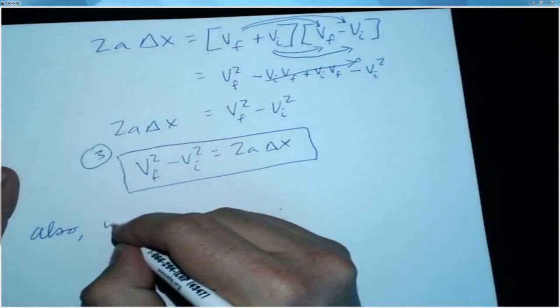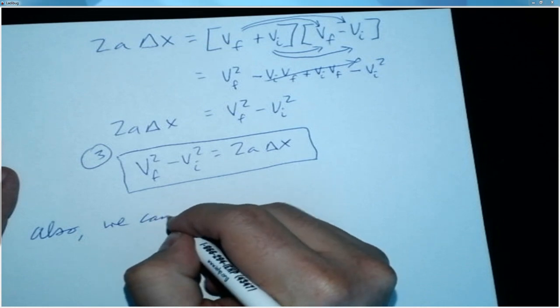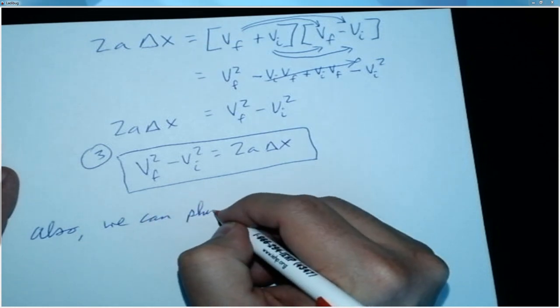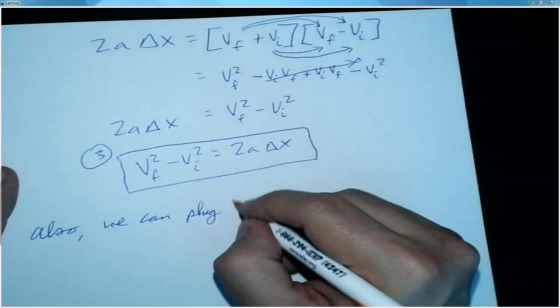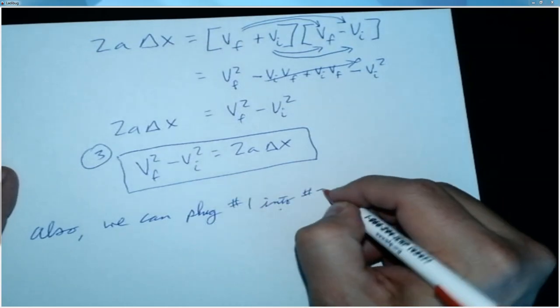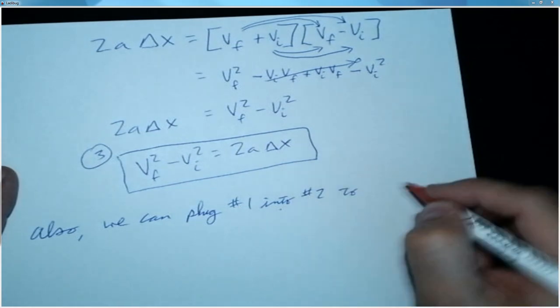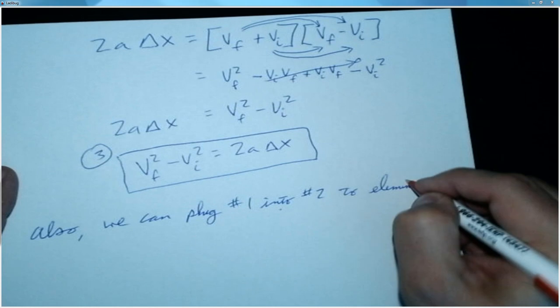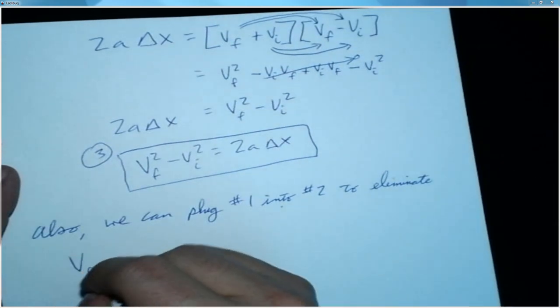Also, we can plug number 1 into number 2 to eliminate the final velocity.